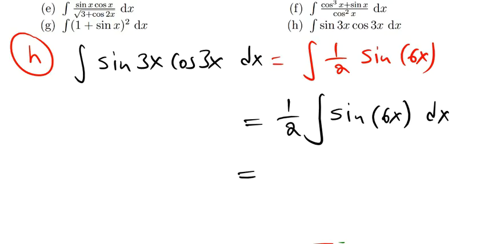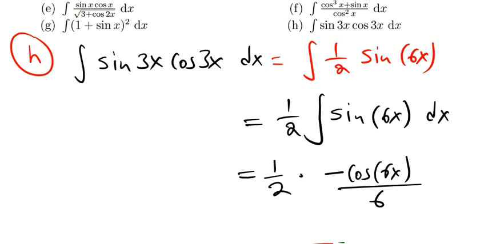So what is the integral of sine? That's negative sine. I'm talking about that negative cosine of what? 6x. I said, what do you divide with? Divide by the derivative of whatever is attached to it, which is a 6 plus constant c.